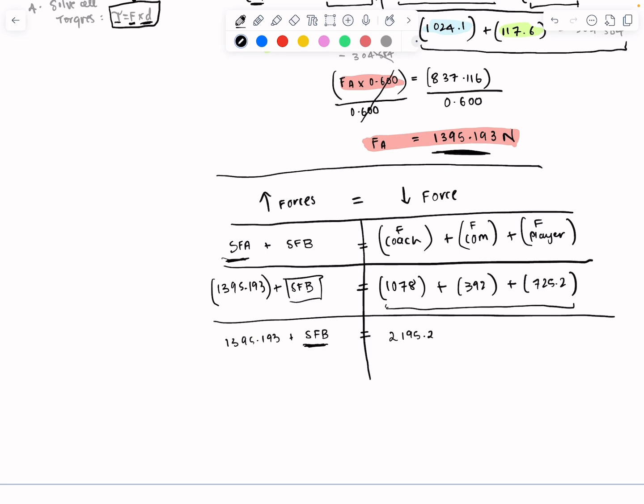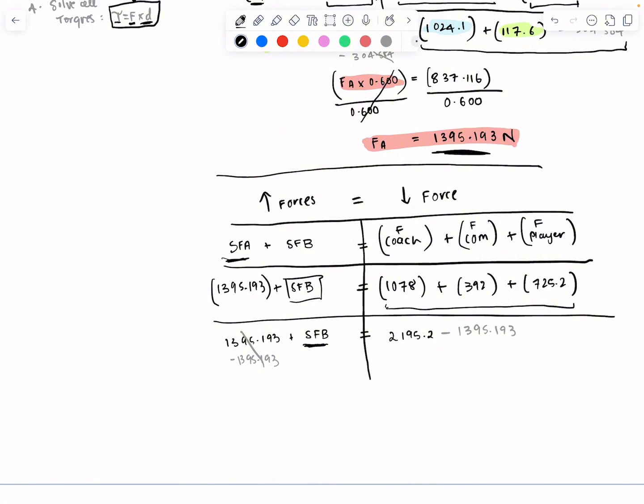Now what we've got to do is solve for support force B. How do we get it all by itself? Currently it's attached to plus 1395. So how do I get rid of it? I have to minus it from this side. That cancels it out. That means I have to minus it from this side. Cool.